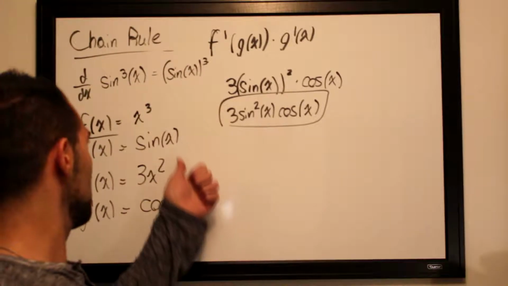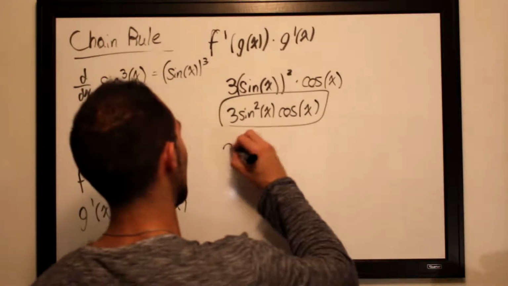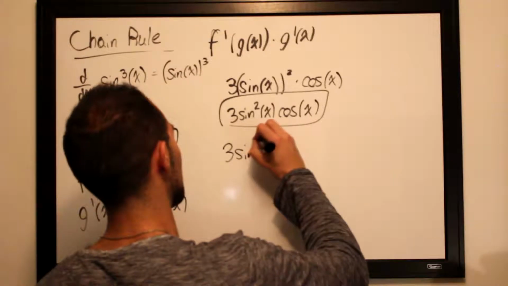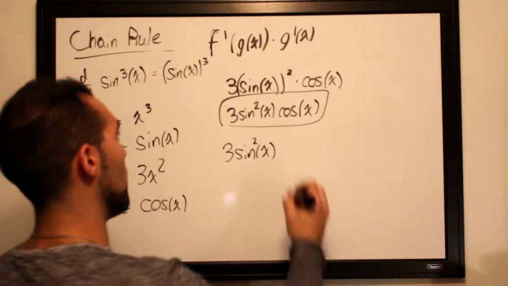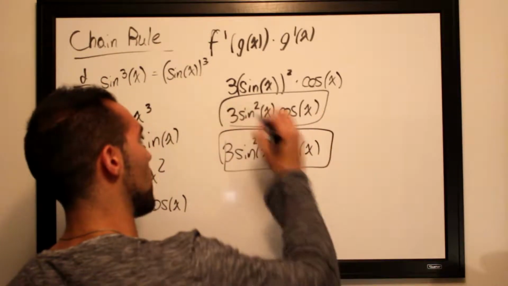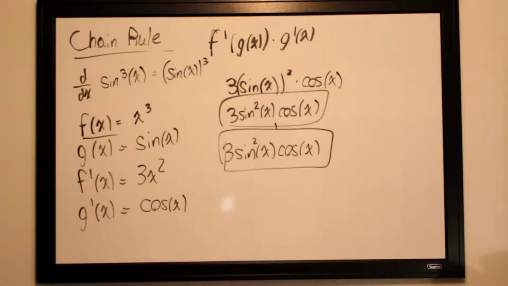So we plug in sine of x wherever we see x in our f prime. This will be 3 sine of x squared, so sine squared of x, multiplied by cosine of x. Now, do these not match perfectly? That is the derivative of our function, using the chain rule.